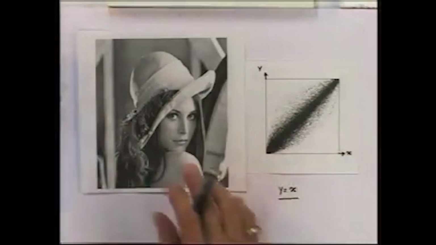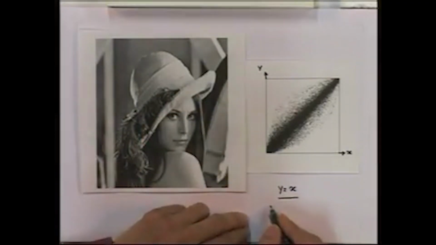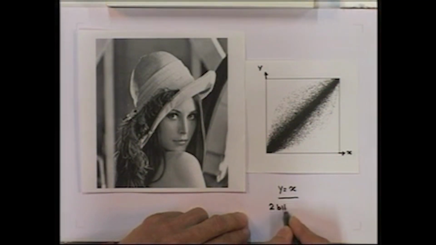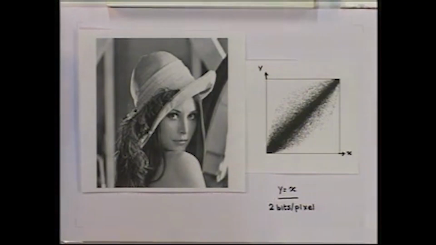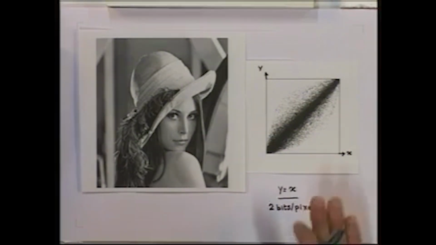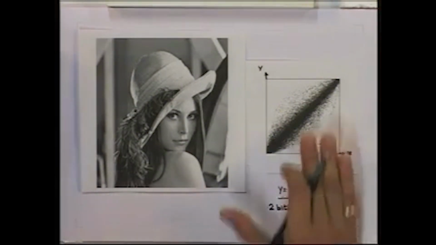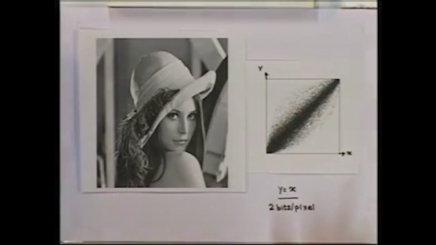Now, if we decide to reduce this image to 2 bits per pixel via scalar quantization, this would mean reducing the pixels to 4 possible values. Now, if we interpret this as vector quantization on the 2-dimensional vector distribution diagram, then we get a picture shown here.